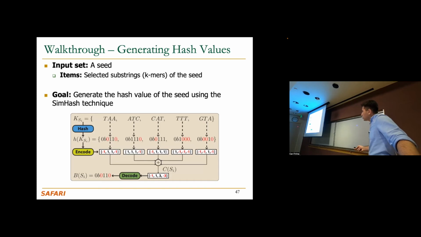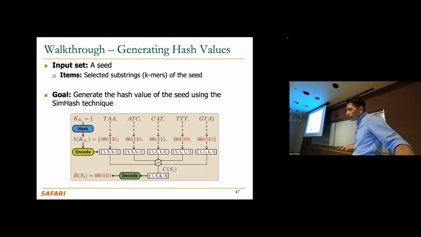So this is an overview of how we generate the hash values, which is pretty similar to what I've shown previously with the SimHash technique. You can assume that we somehow picked the items in the seed, and then we use any hash function to generate their hash values. We encode them, we represent them in a vector because we use some SIMD operations to perform these additions, and then similarly we generate the counting results, and then we generate the hash values.